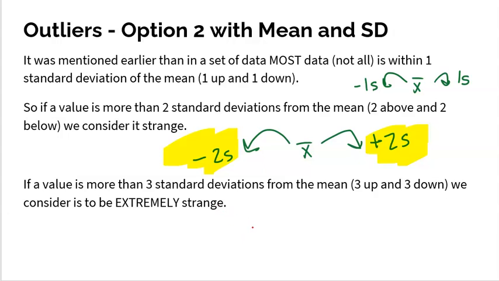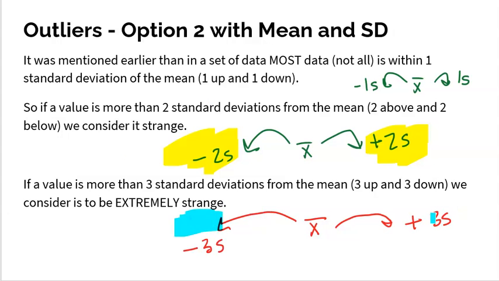If a value is more than 3 standard deviations from the mean, 3 up, 3 down, now that is strange. Any values outside of that, if there are any, would definitely be considered outliers. Those would be very, very extreme values.